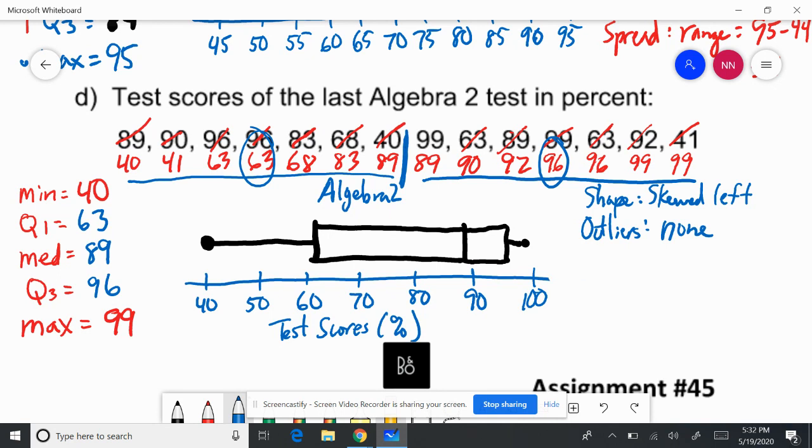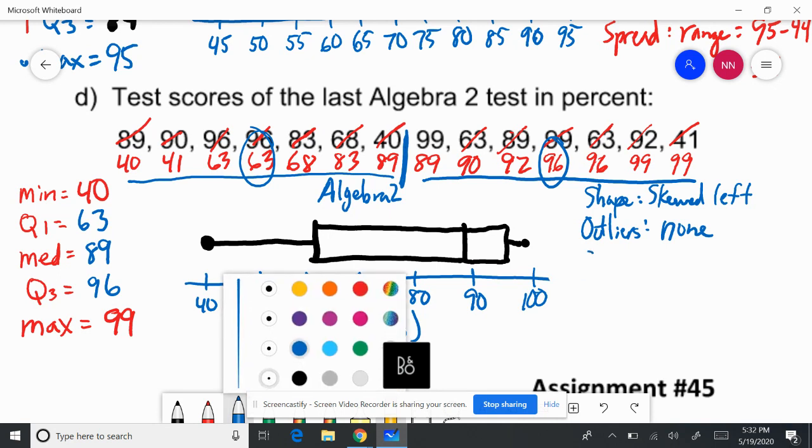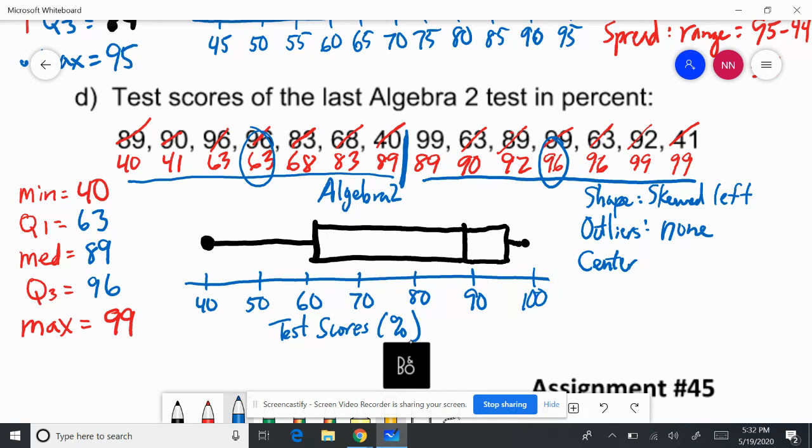Our center would be the median, and the median is 89. Then we have our spread, and our spread is going to be the range, and the range is the maximum, which is 99, and the minimum, which is 40. So that right there gives us 59.